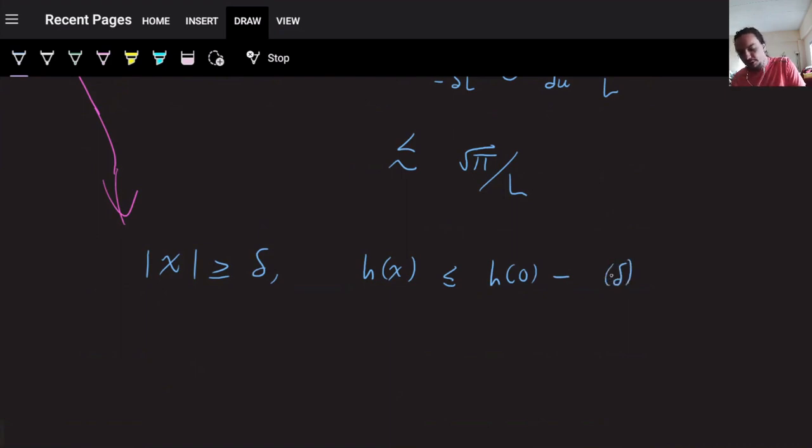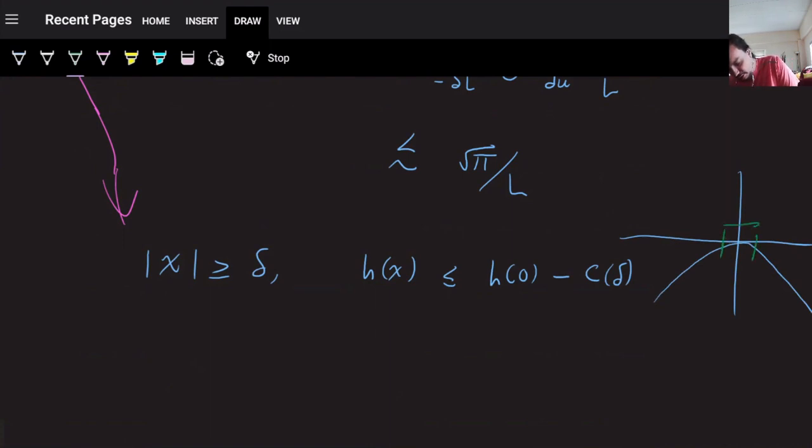So, delta will be, let me draw a picture. If you pick your delta to be this, okay, so we're looking only at x's which are in this range. Then if you look outside of that box, so this is x less than delta, if you look outside of that box, then your function h is going to be smaller, right?